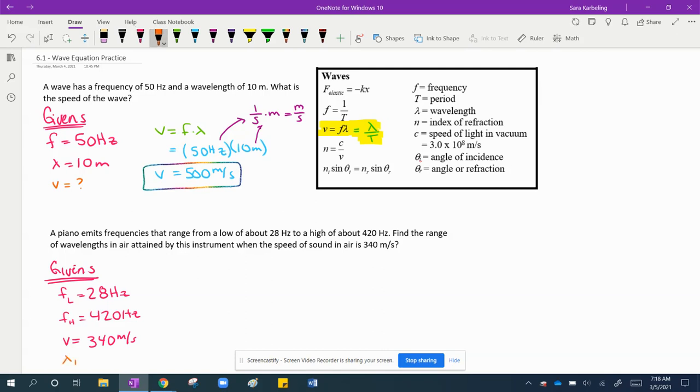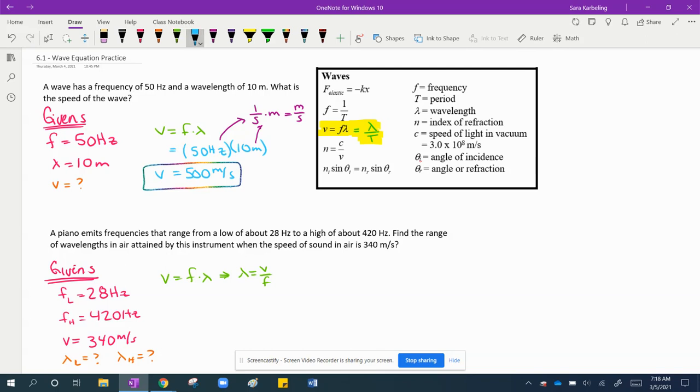So we're going to do wavelength L, keeping it consistent, and wavelength H. We've got our equation, v = fλ. We're going to solve that for lambda, so λ is equal to v over f, and then we can just plug these in. It's pretty much the same process twice.